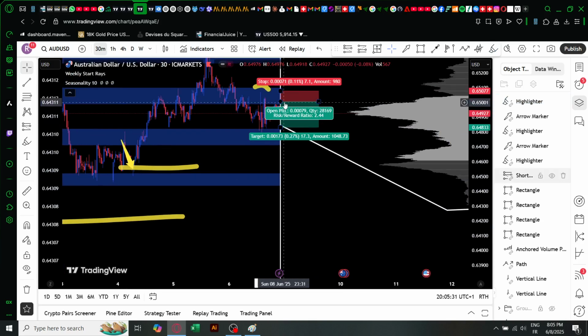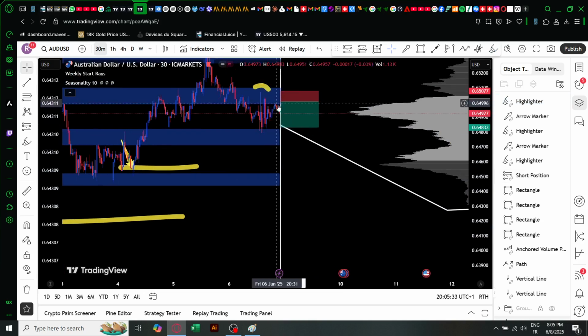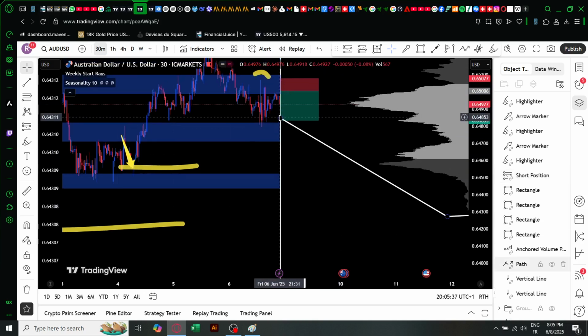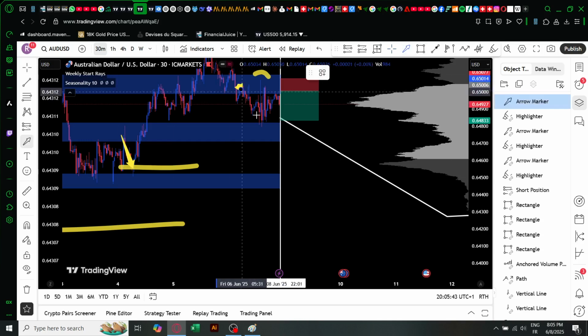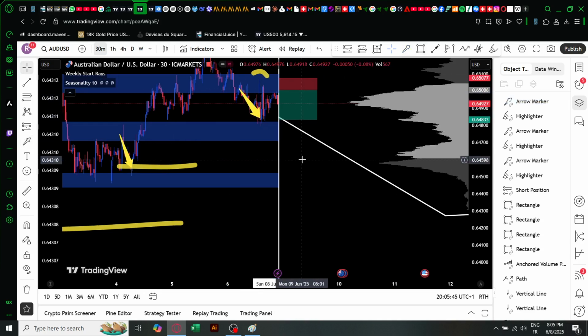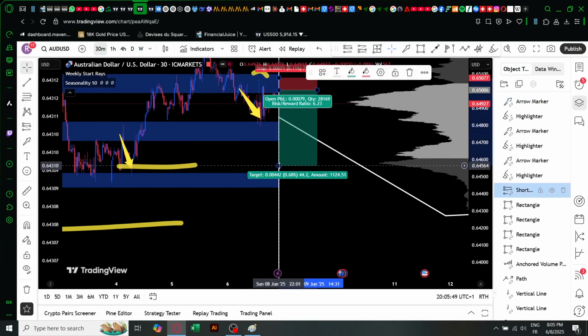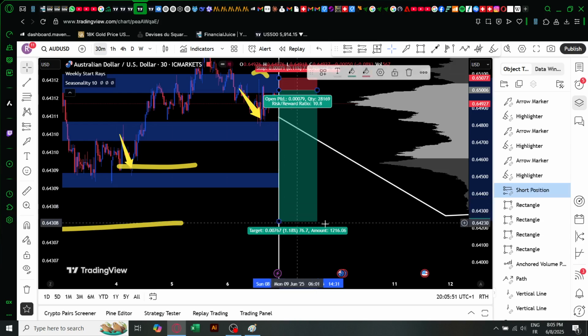So for the first one, I'll target the end of this bearish move, or where it got rejected, and then I can target this as TP2 and this as TP3.